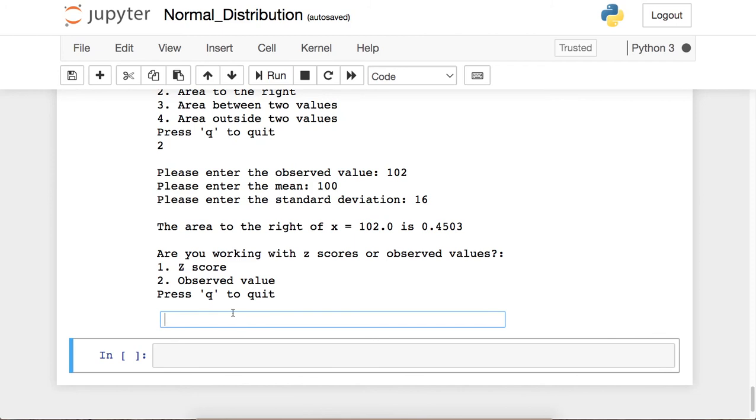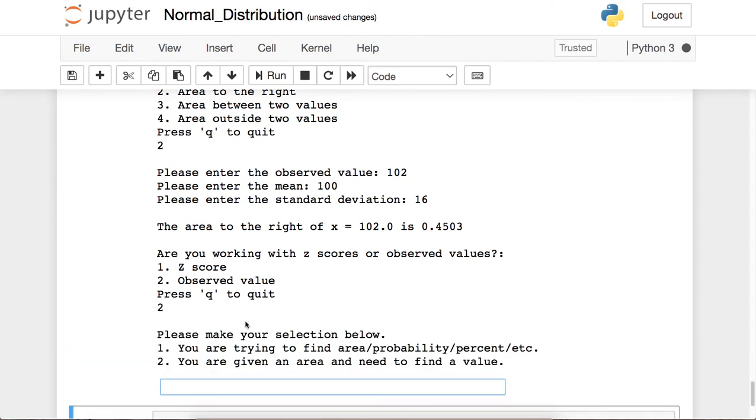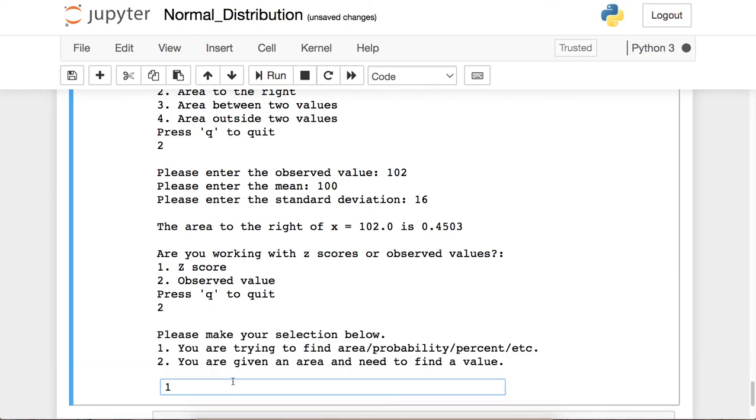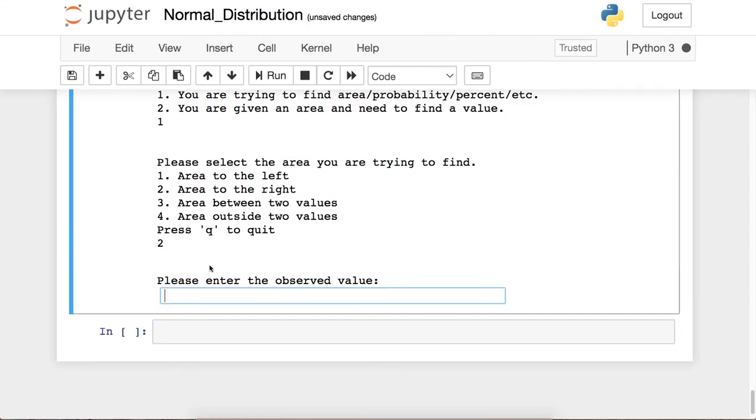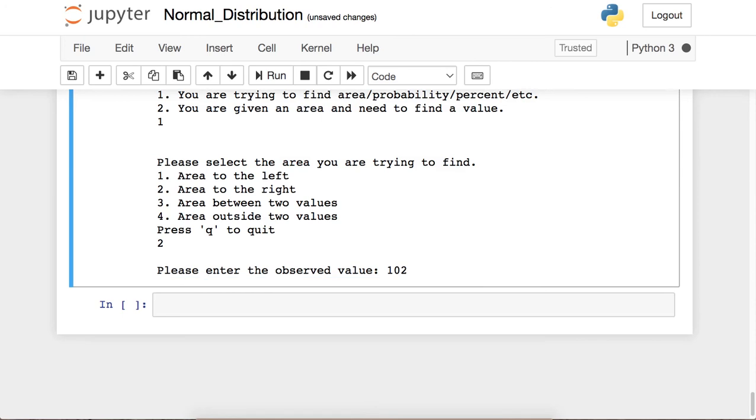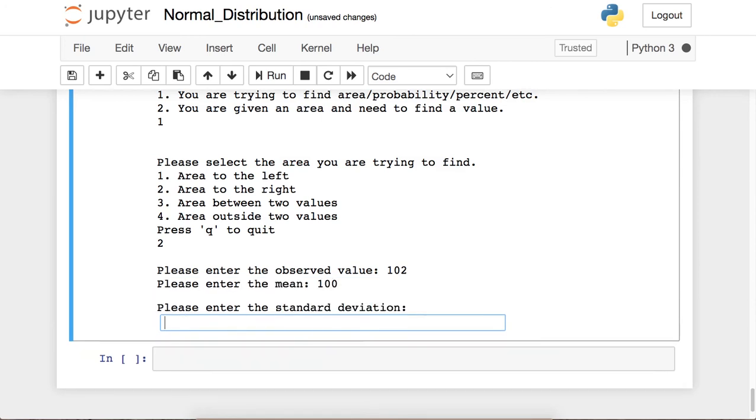So if we go and use our observed value here, option 2, we're trying to find the area to the right, greater than 102. So the observed value is 102. Our mean is still 100, but this time our standard deviation is 2.263. So it's not 16 anymore because our standard deviation is our standard error, which is 16 divided by the square root of 50, or about 2.263.